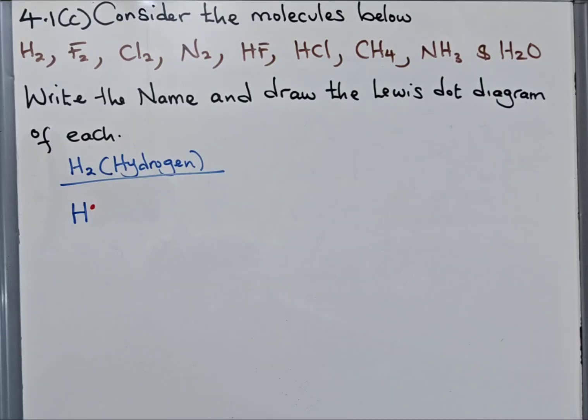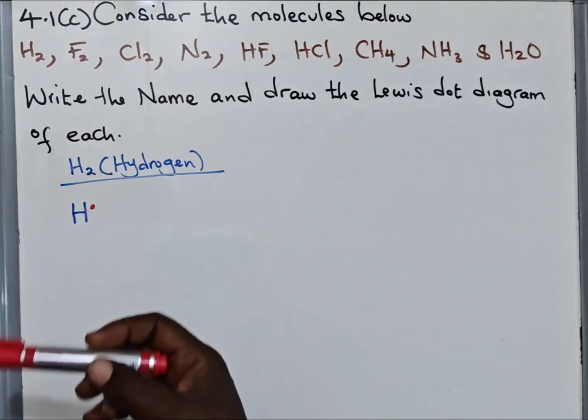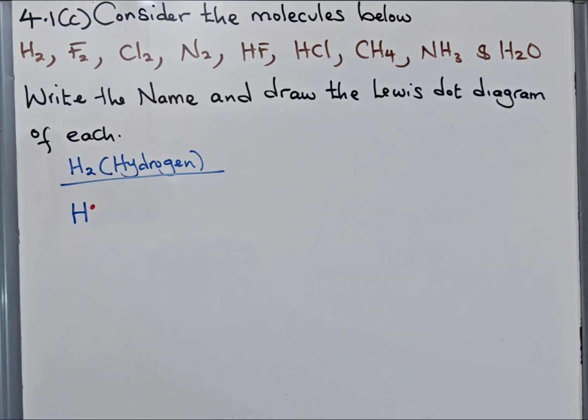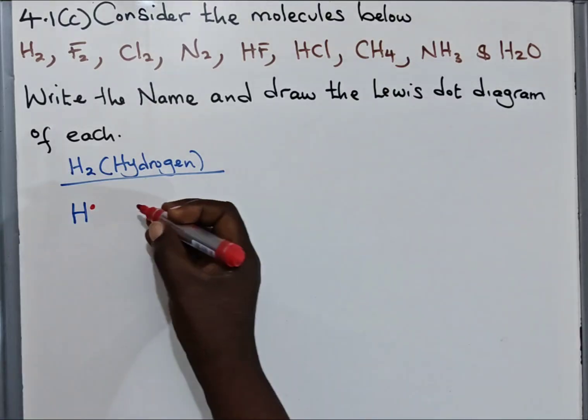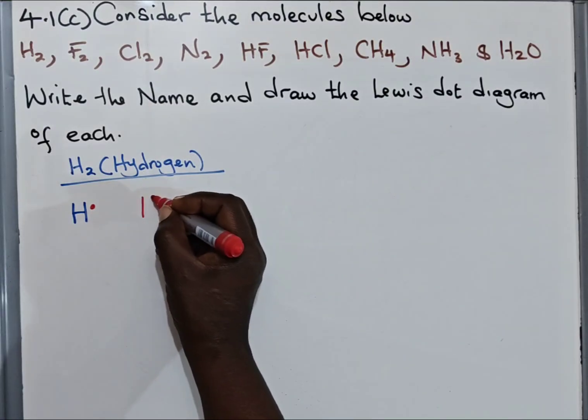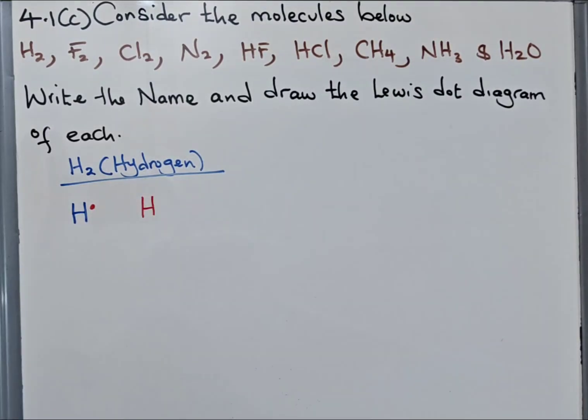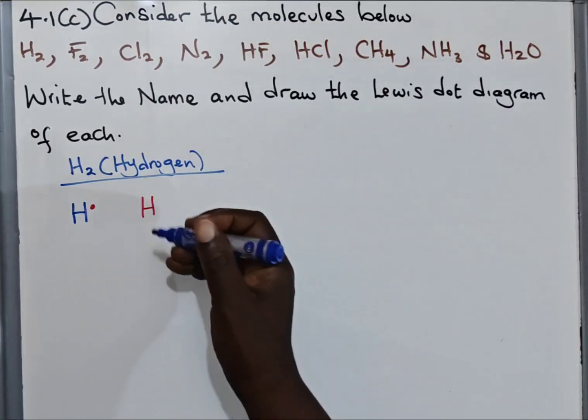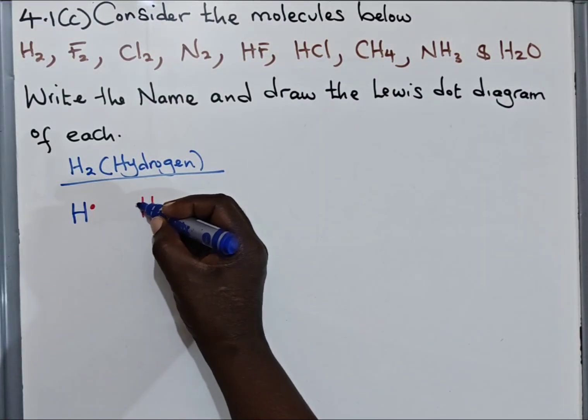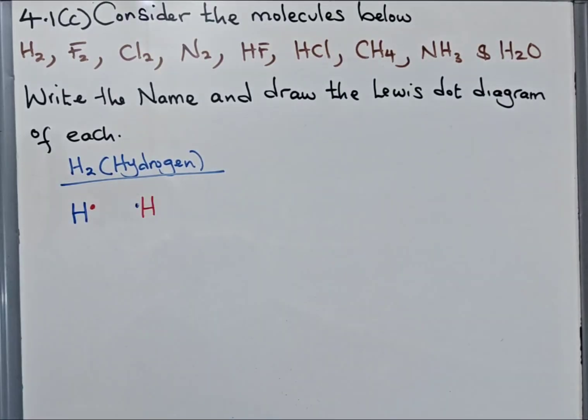Because two are bonded together, we look at another hydrogen atom, which also has one electron because it belongs to group 1.